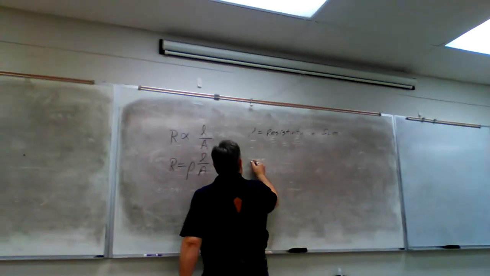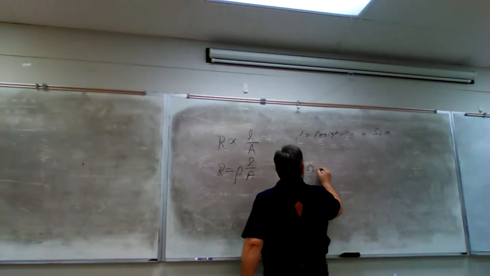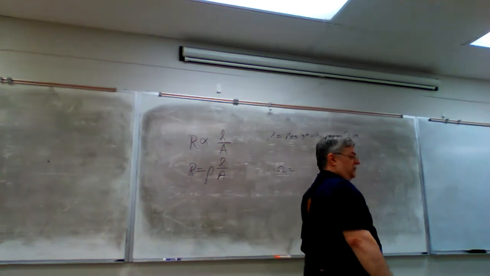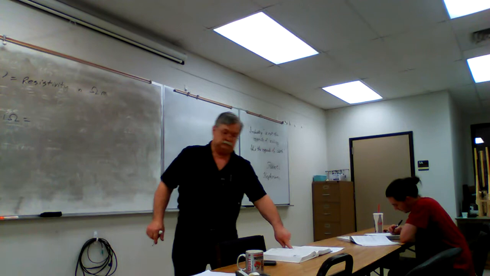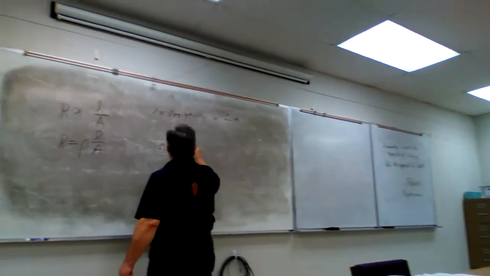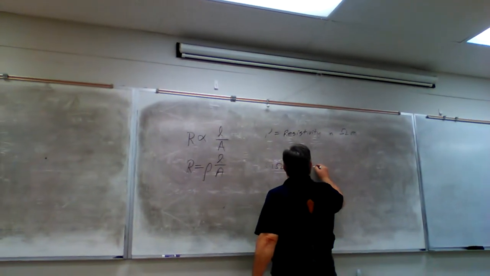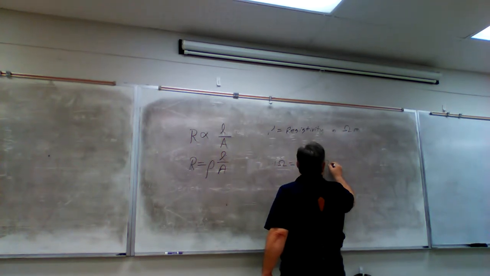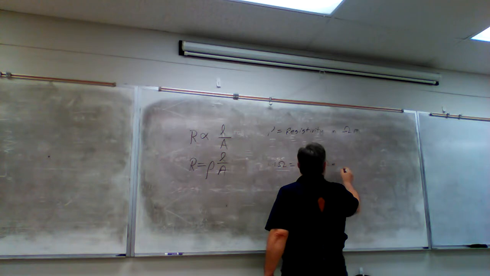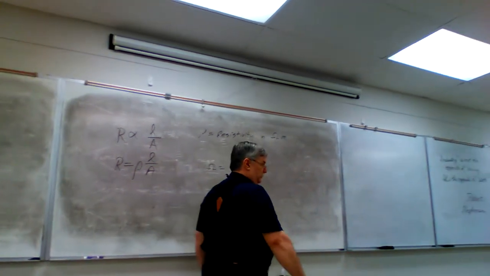So we've got 0.1 ohms. What's the resistivity of copper? 1.68 times 10 to the minus 8 ohm meters. Remember your units.